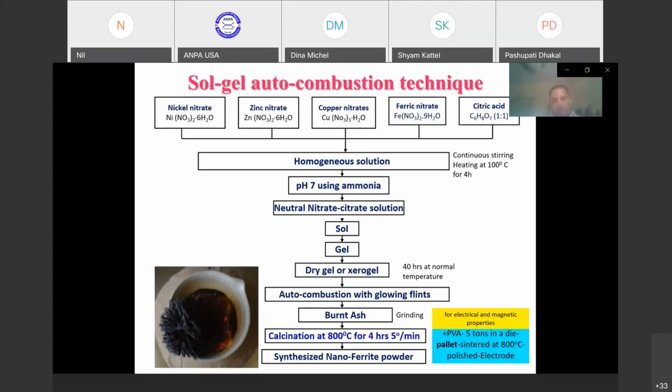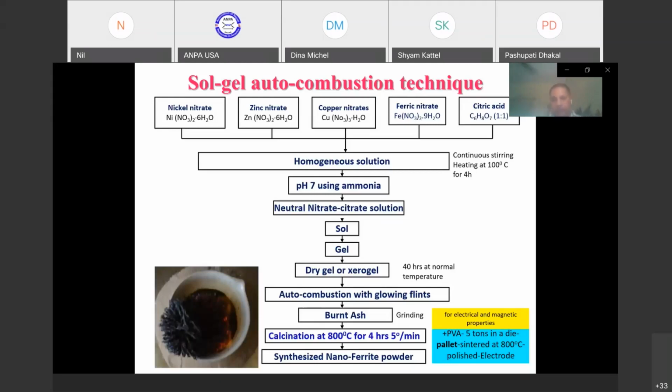The nanoferrite powder can be used in XRD and many other applications for testing samples. And if we want to study the electrical and magnetic properties, then we have to make it in the form of a pellet. For that, we can add polyvinyl alcohol and press it under a die with a pressure of 5.